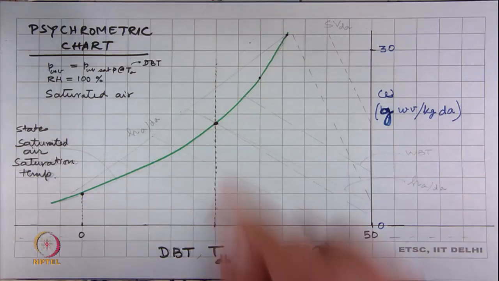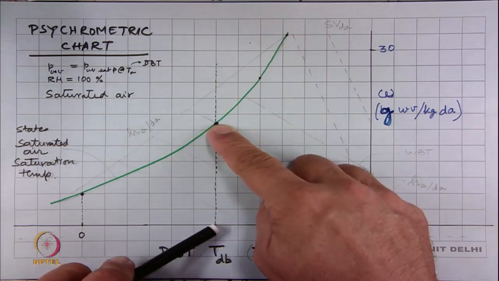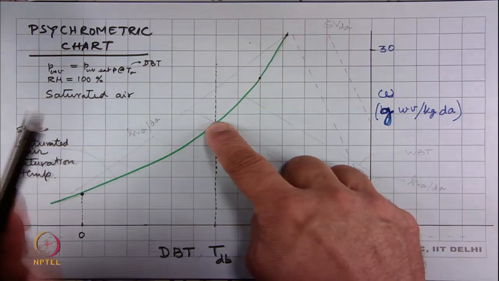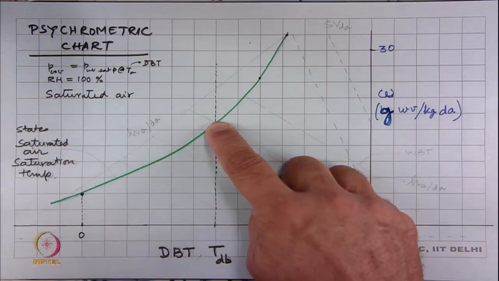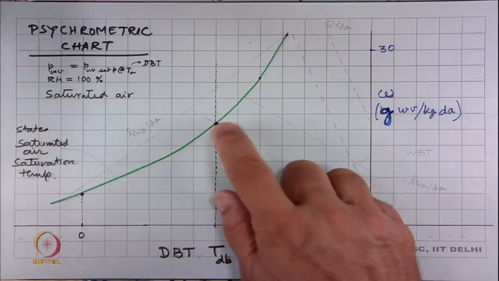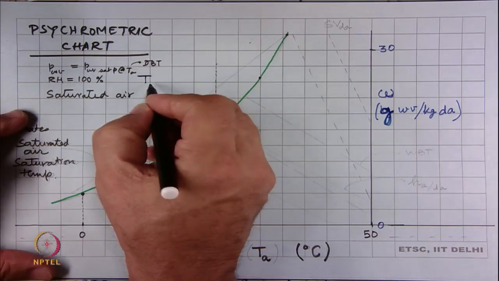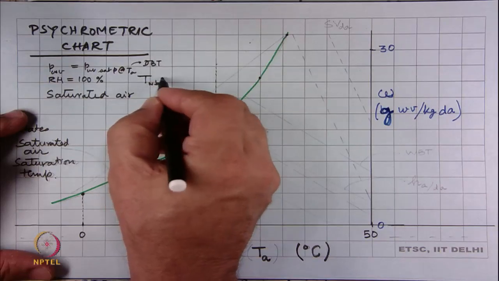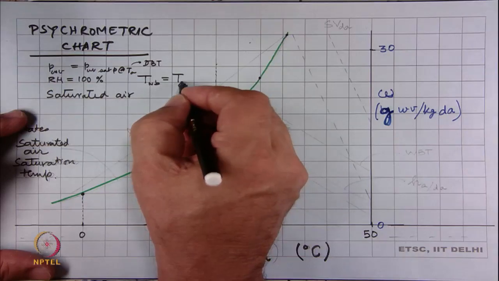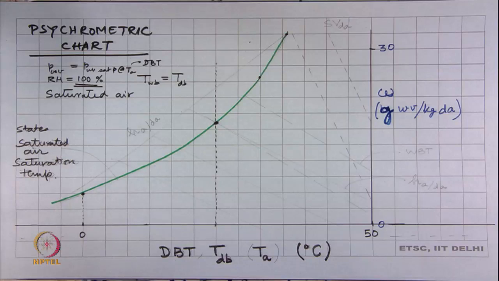It also means that this state point, the TdB is what it was on this axis, because it is saturated air, 100% relative humidity. The wet bulb temperature is also the same. So, this particular point tells us that the wet bulb temperature is exactly the same thing, which is your T A or T dB, and all of this because relative humidity is 100%.